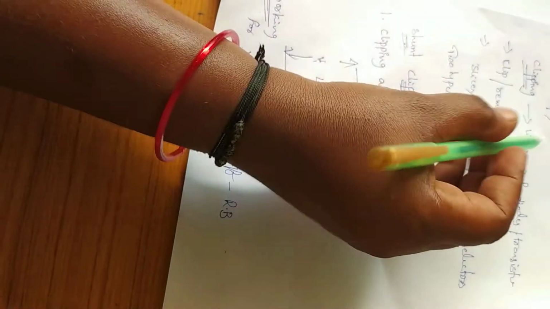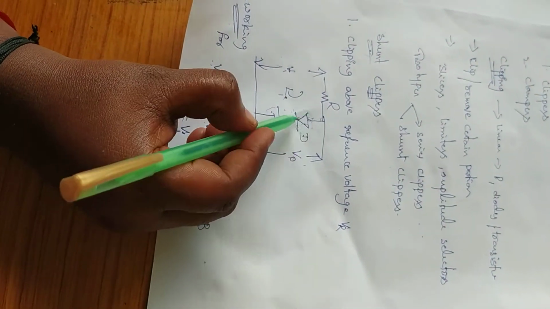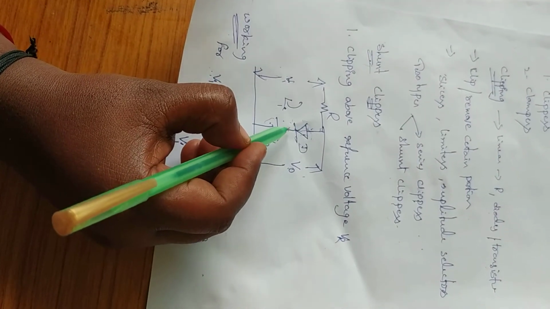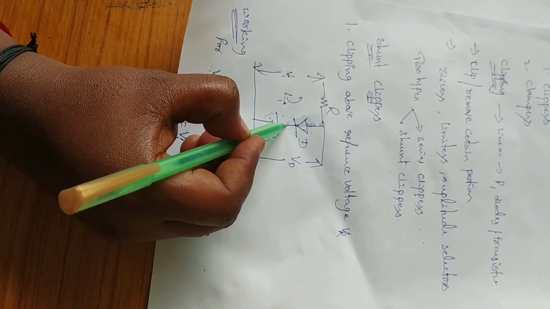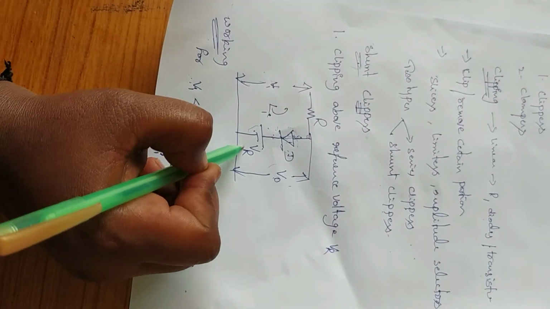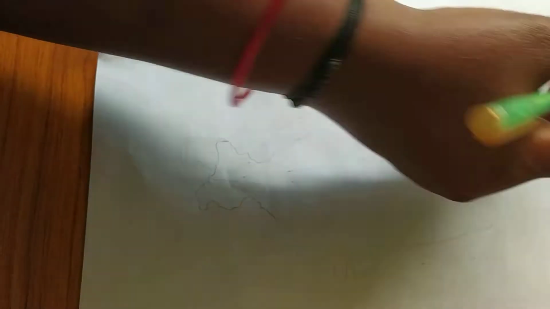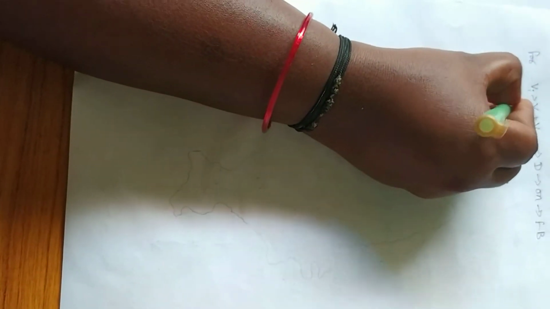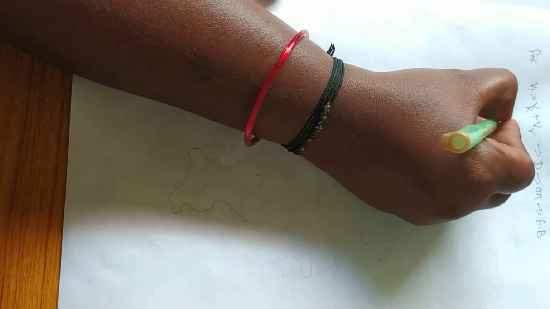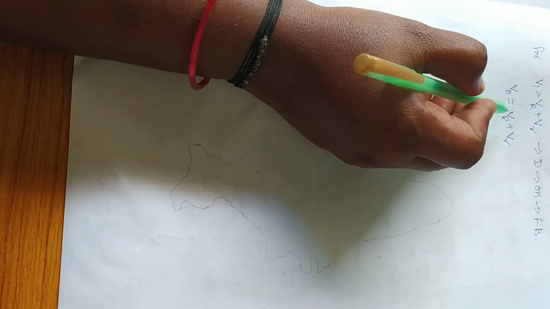Whenever the diode is on, it is a short circuit. Then the output voltage is V gamma plus VR. That means V0 equal to reference voltage VR plus V gamma, the cut-in voltage of this diode.